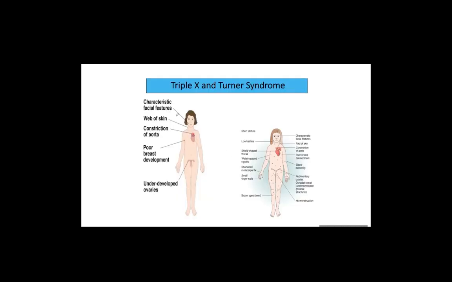And Turner syndrome is a missing X chromosome, so they cannot reproduce offspring, they have short stature, and the sex organs are not fully developed. If we look at this diagram, the left woman shows trisomy X. She is very tall. Based on external appearance, she is not clearly distinguishable from a normal XX female, except by karyotype.